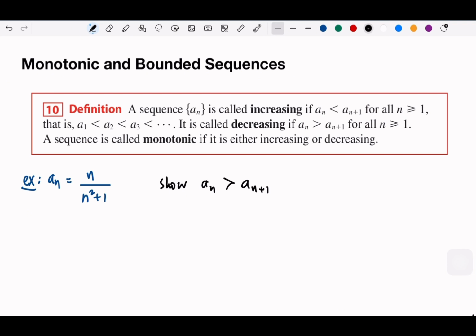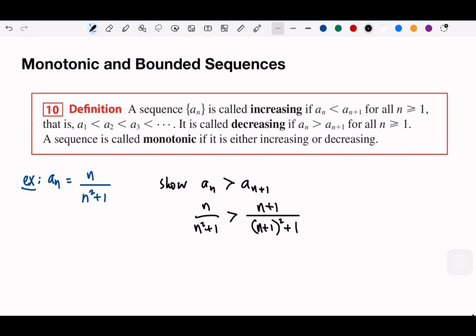So we just take the expression and substitute with n plus 1, and then check whether they are correct. So we can cross multiply.